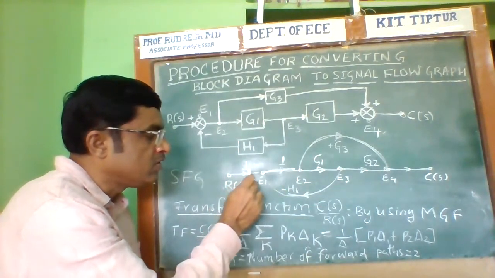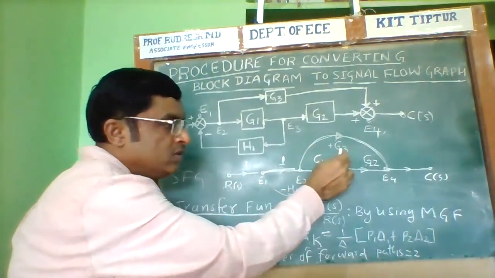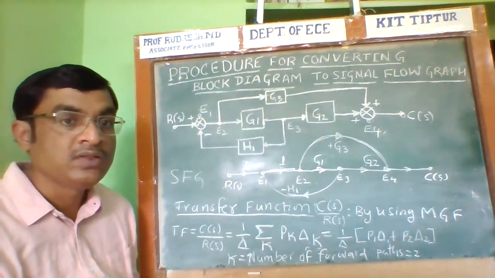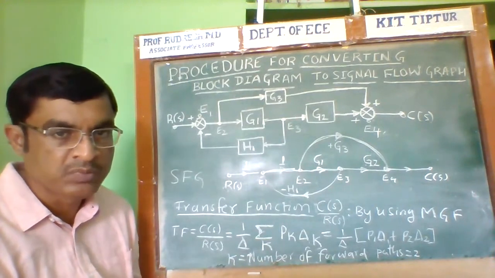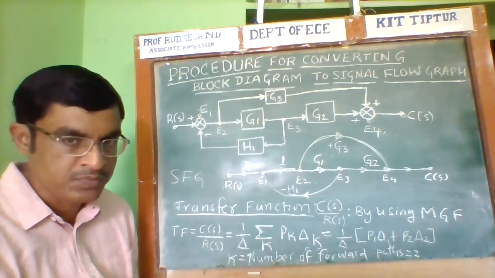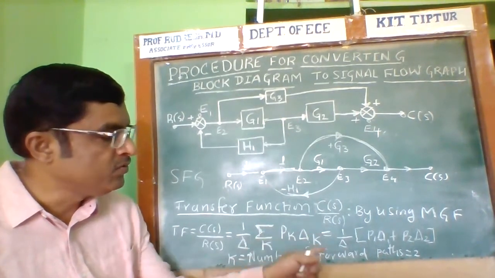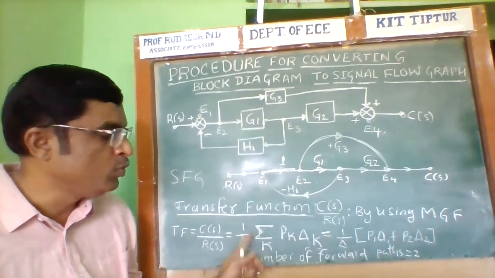The second one starts from the input node R, E1 node, E2 node, via G3, E4 node, and goes to the C node. That is the second forward path. In the next step, after substituting the K value, we remove the summation.